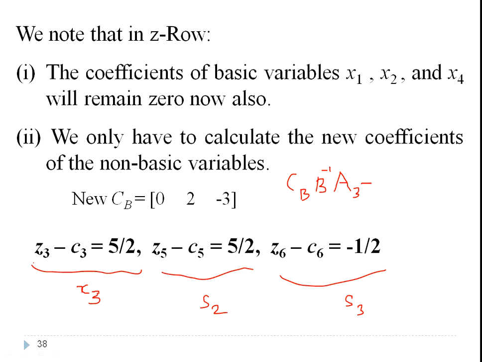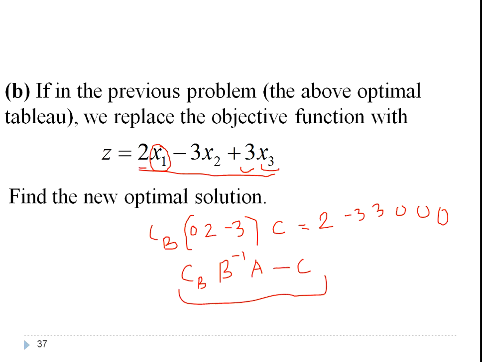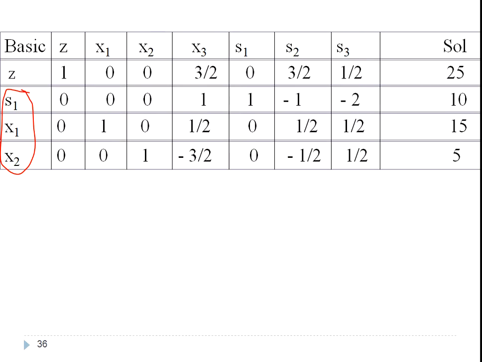minus C3. You know that this B inverse A3 is directly available in the optimal table, and CB is available here, and that is to be multiplied, and from that we subtract the C3. You can see that C3 is this one, 3, and your B inverse A3 is available here.